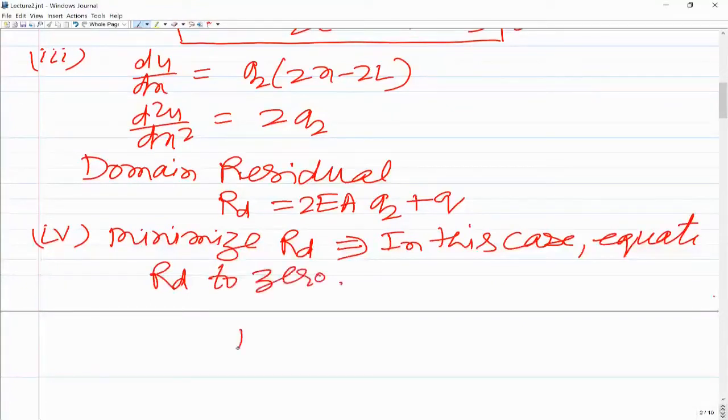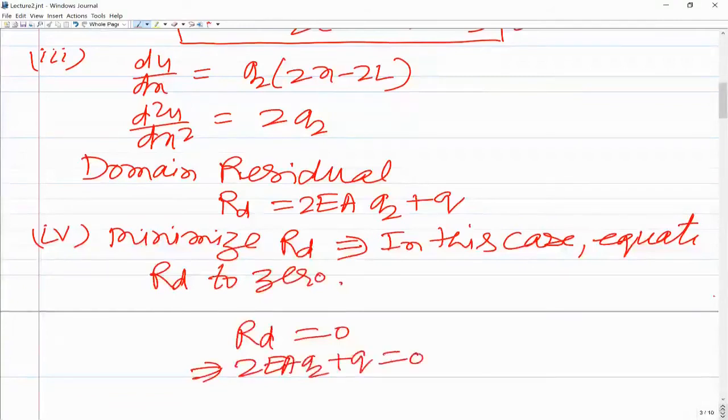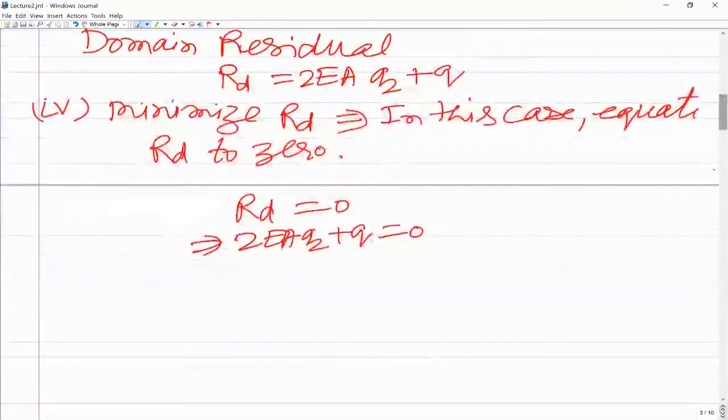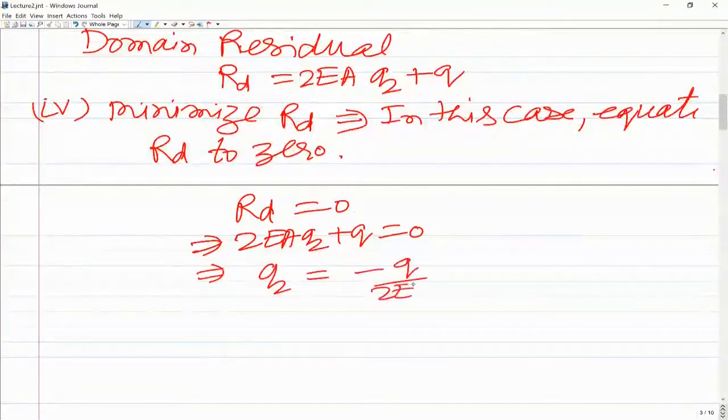So now we do this, RD equal to 0. That is 2EA A2 plus Q equal to 0. So maybe for this problem, this step appears to be trivial. From this, of course, you can get A2 equal to minus Q upon 2EA.